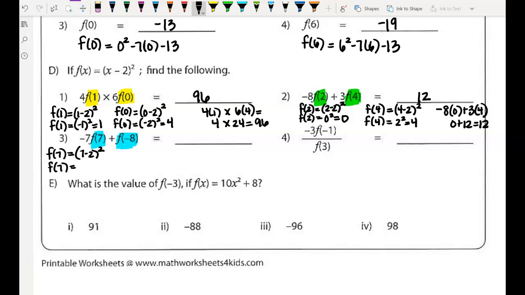So f of 7 is 5 squared, which is 25. F of -8 is -8 minus 2 quantity squared. F of -8 is -10 squared, which will be 100.